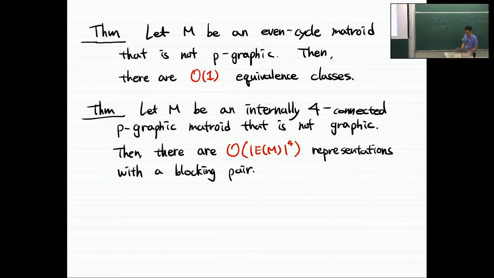If M is an internally 4-connected matroid that is pinch-graphic, that is not graphic, then there are not many 3-separations, and there are only a polynomial number of representations with a blocking pair, which is big O of the size of M to the fourth power.